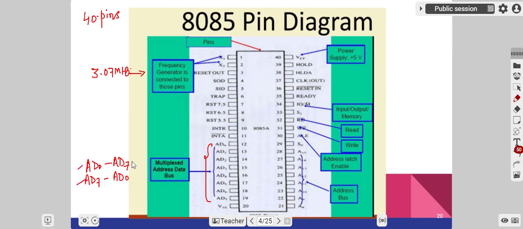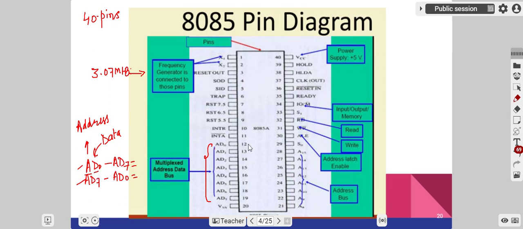It is one and the same thing. Here A is abbreviated as address, and D is abbreviated as data. So what it means is that we are combining address as well as data lines together.